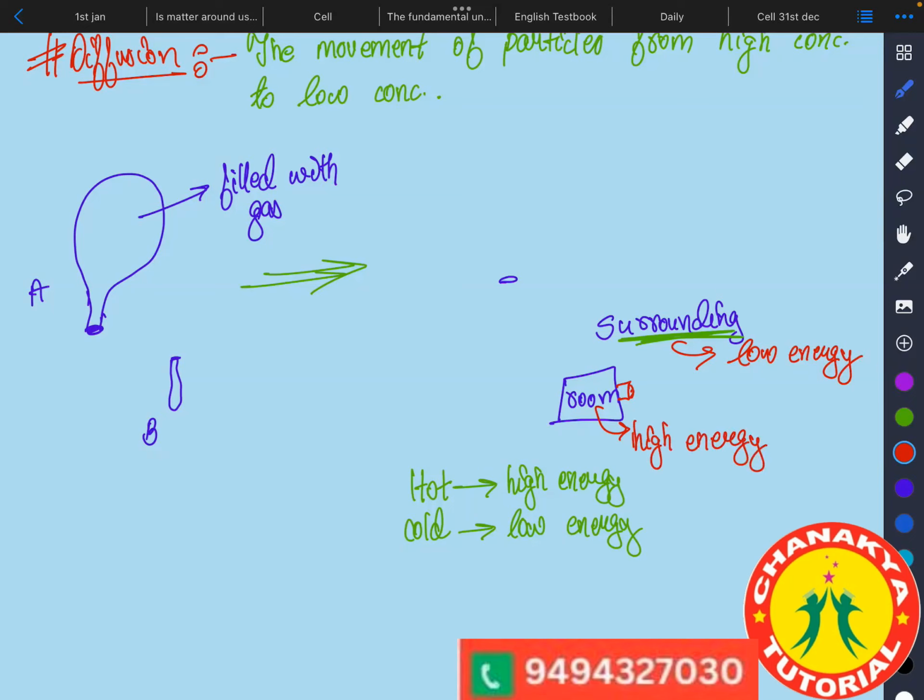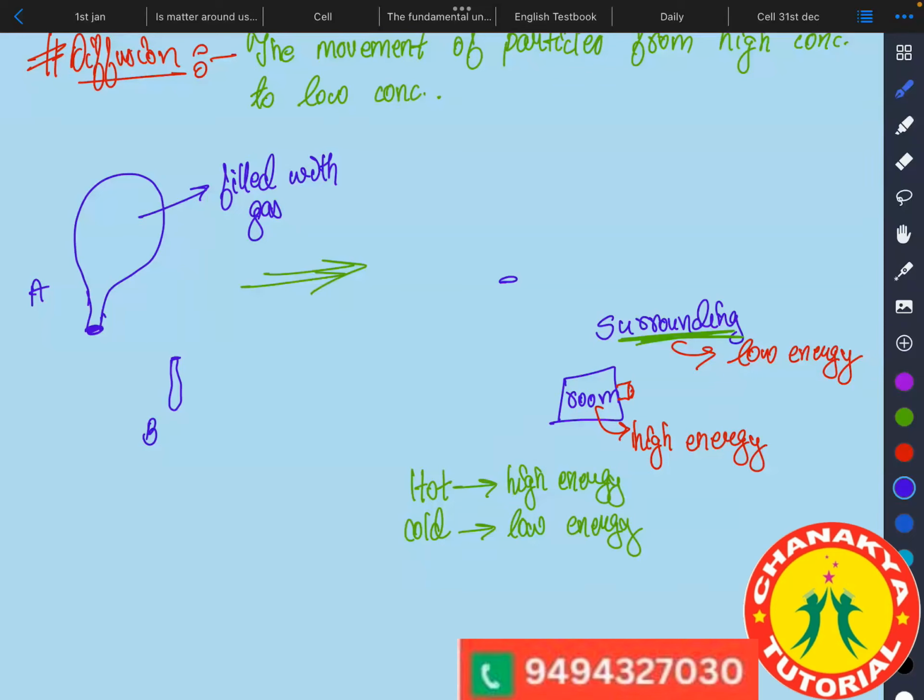After I opened the door for 2 hours, I come again inside this room and observe that the heat inside the room has decreased. How has it decreased? Sir, because the heat energy was transferred.